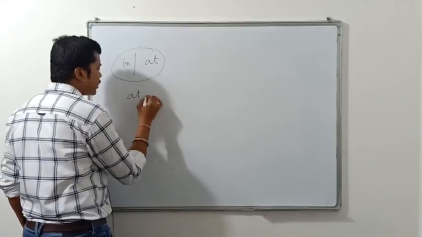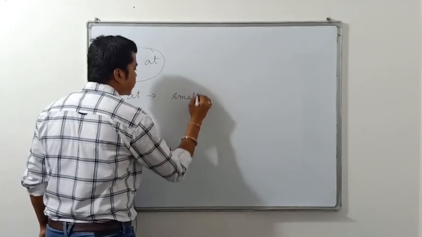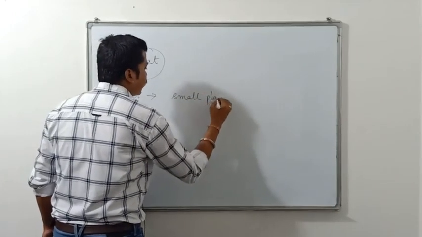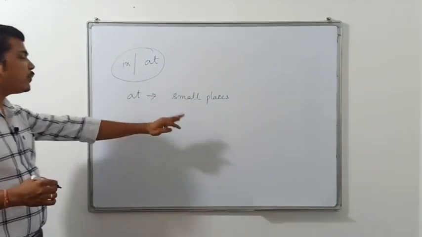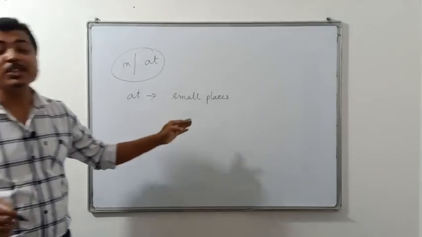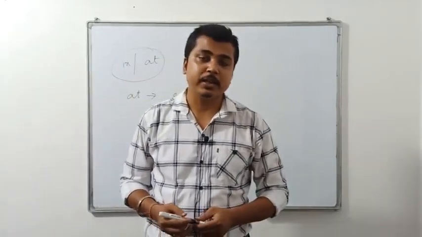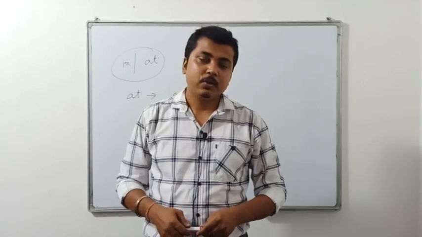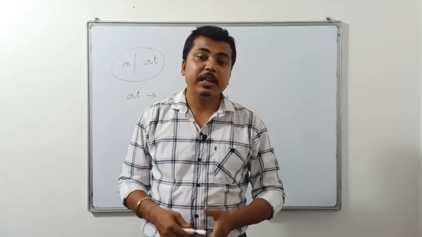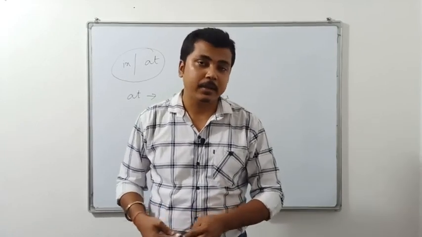At is used in case of small places, before the names of small places or street. Suppose if I tell I live dash Pailapul. Pailapul is a village, dear student, isn't it? So village is considered a small place. Okay, in case of any village, in case of any names of street, you are going to use preposition at.